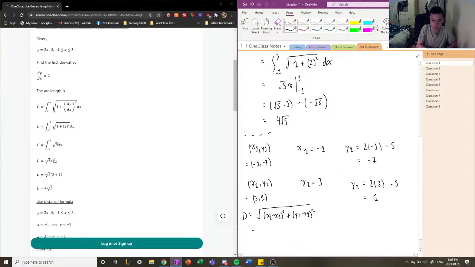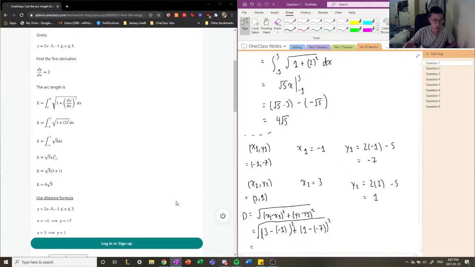Okay, so if we equate these together, we get 3 minus negative 1 squared plus 1 minus negative 7 squared, and that's all square rooted here. All right, and if we calculate that, what do we get here?